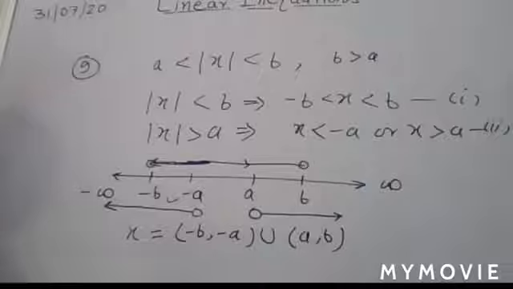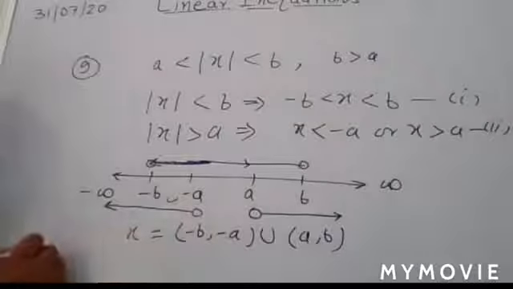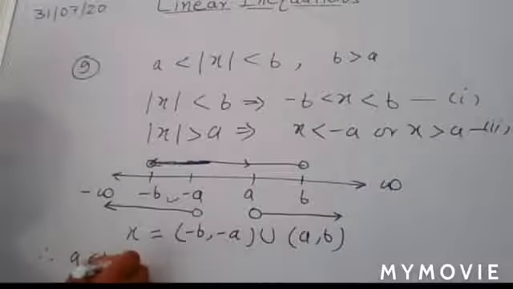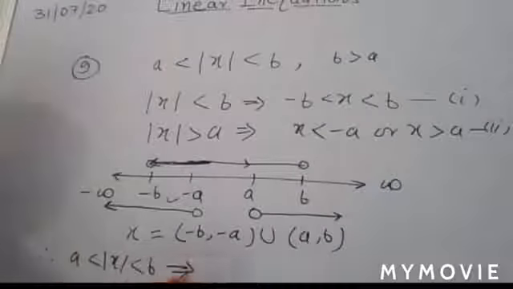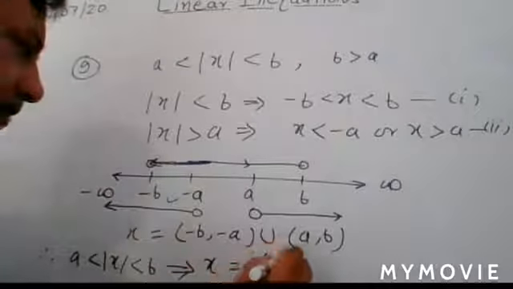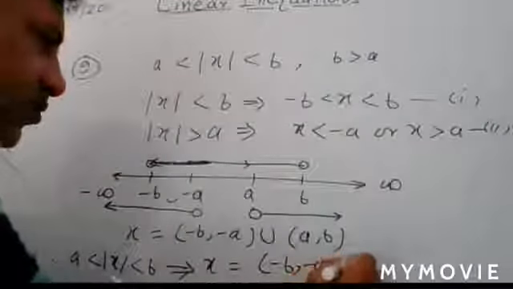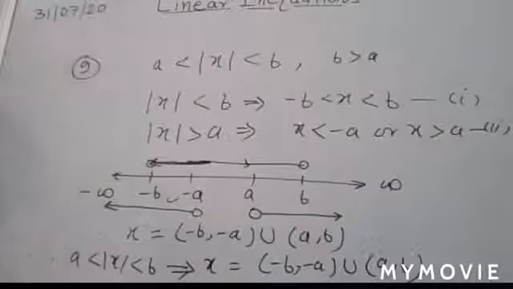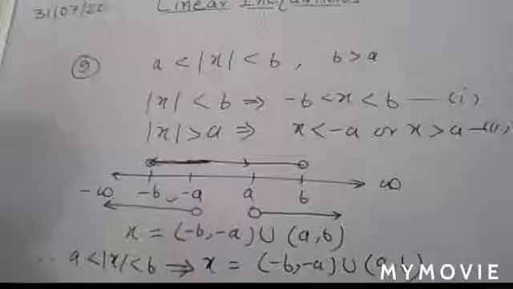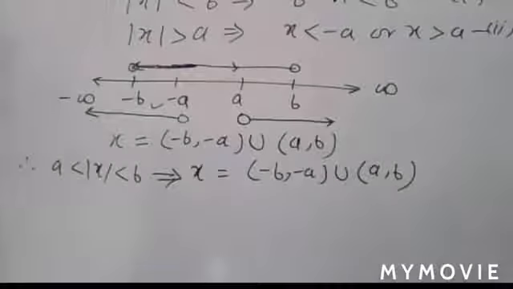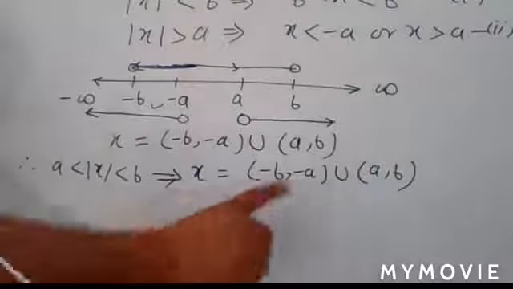Now, finally, if mod of x is greater than a and less than b, that implies x is equal to minus b to minus a union a to b. Everyone getting this step?